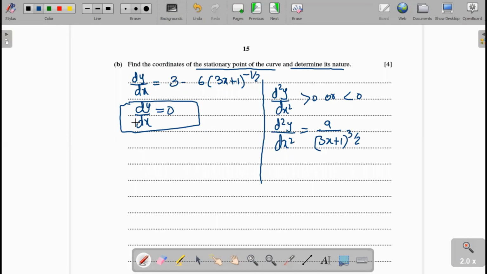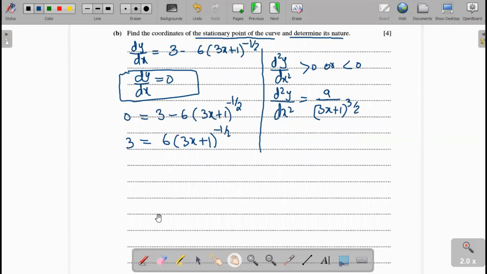Firstly we find dy over dx. Setting it equal to 0, 3 minus 6 into (3x plus 1) power minus 1 over 2 equals 0. Now that is 3 equal to 6 into (3x plus 1) power minus 1 over 2.